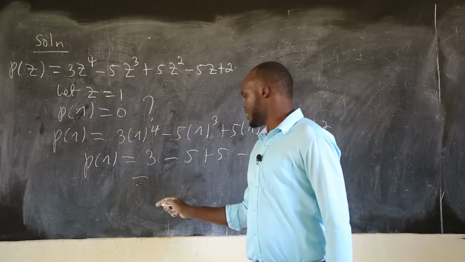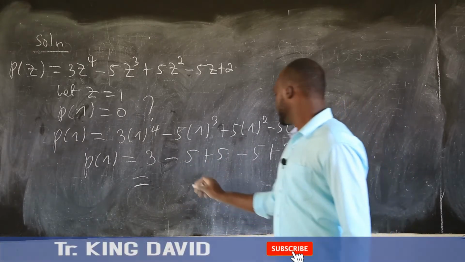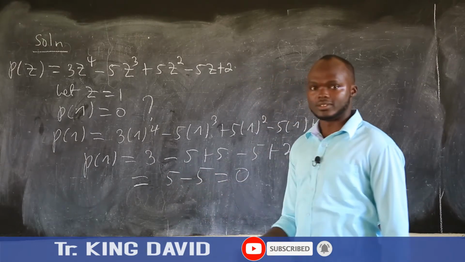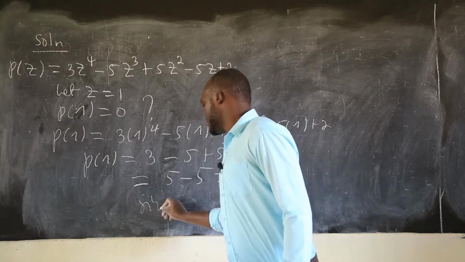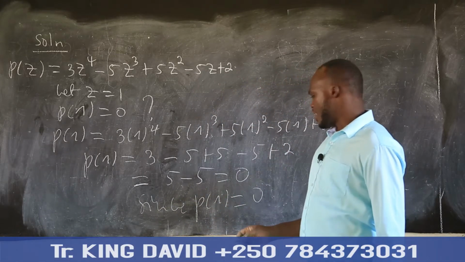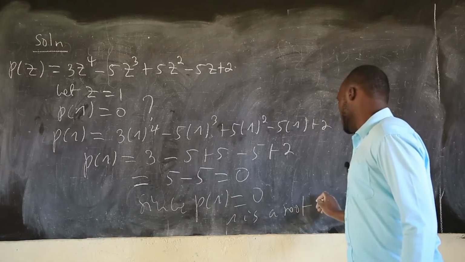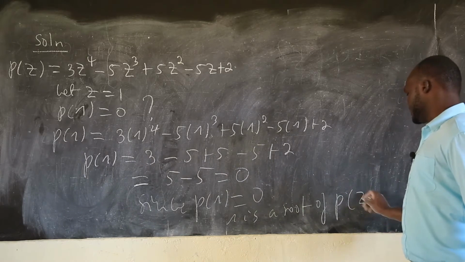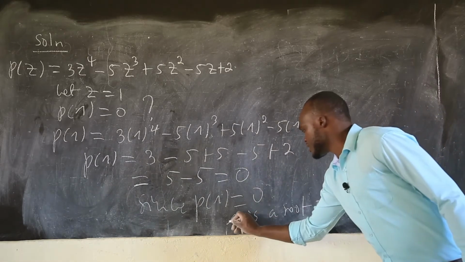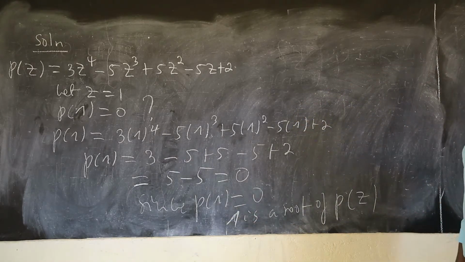So this 5 goes with that 5. 3 plus 2 is 5, and 5 minus 5 is 0. Since P of 1 is 0, it means that 1 is a root of P(z).